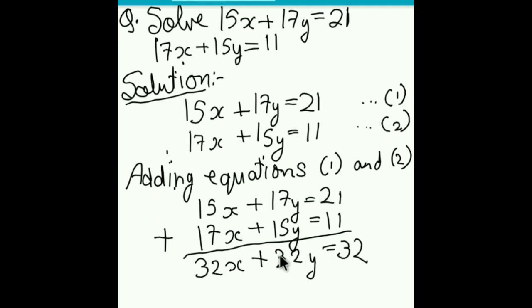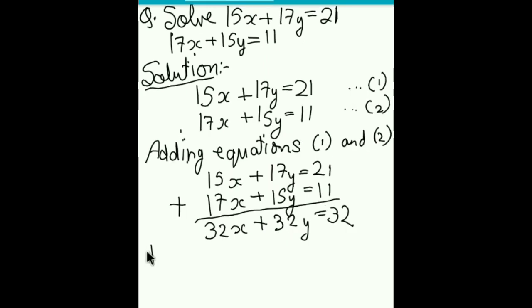Now see here, in each term 32 is there, so what we can do, if we divide this full equation by 32 we will get a simple equation. Okay, so dividing the equation by 32.